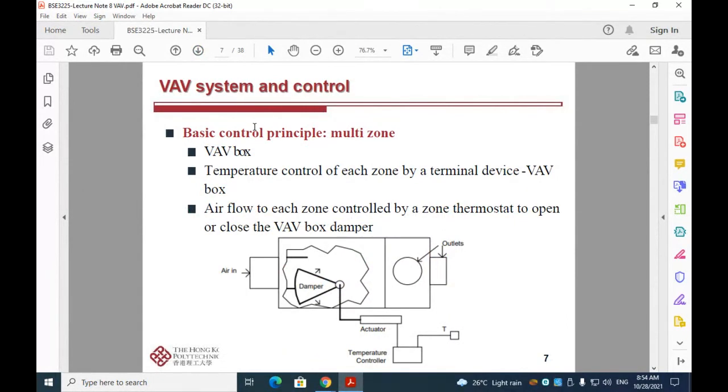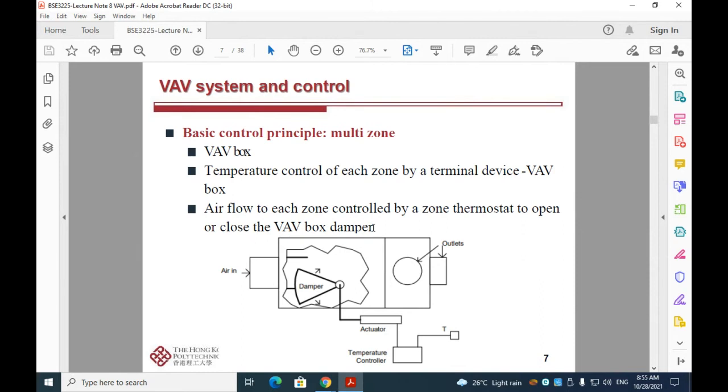So the previous slide shows the basic control principle for a single zone system, and now we are going to talk about the basic principle for multi-zones as we install this VAV system to, for example, office buildings.